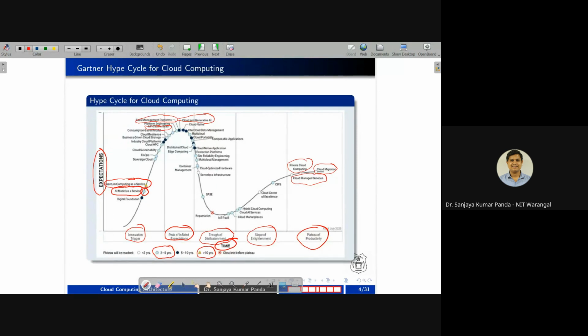So whenever we choose a particular technology, we need to primarily focus on this Gartner hype cycle. This hype cycle is updated twice a year, so we have to always focus on the latest hype cycle, and we have to know what the technologies that are trending are. So definitely, if we do any research work in a trending area, then obviously people are going to accept our solution.